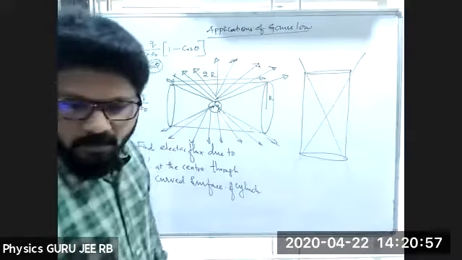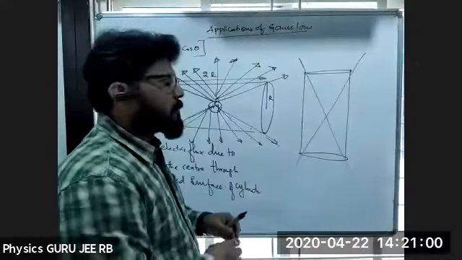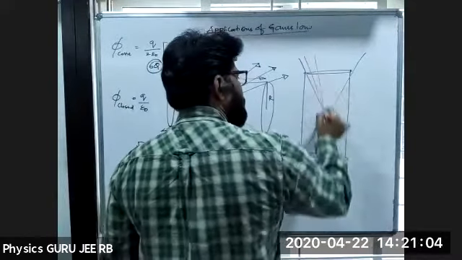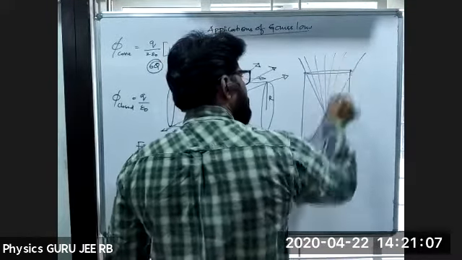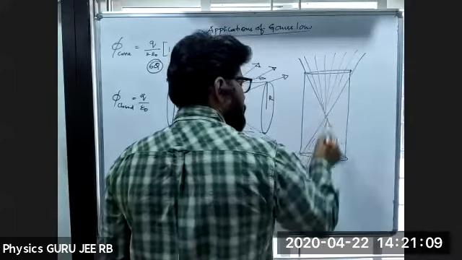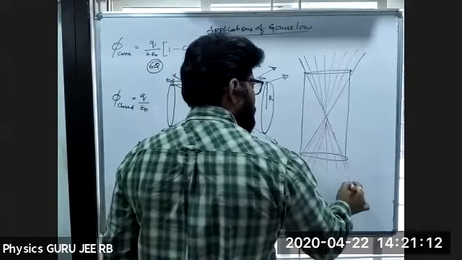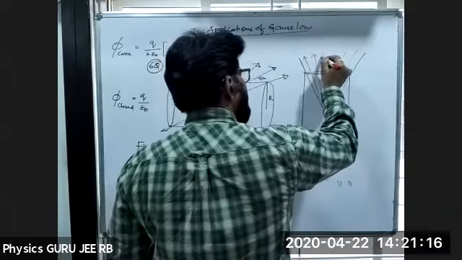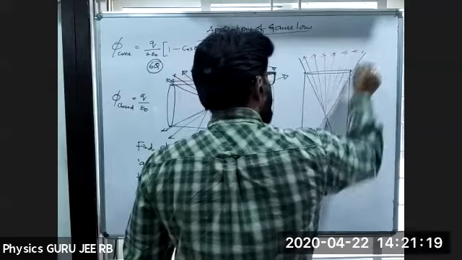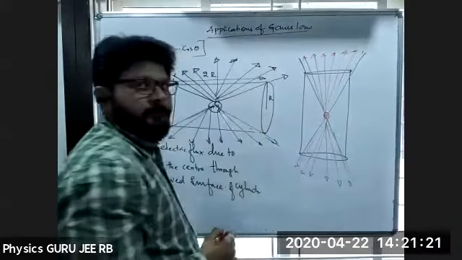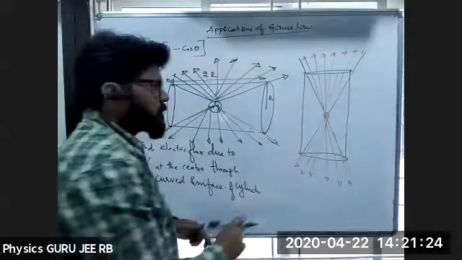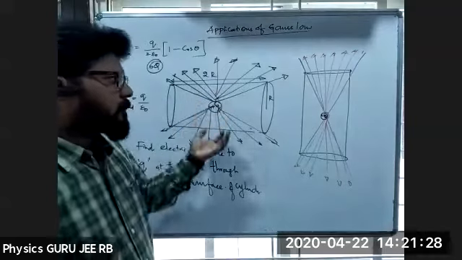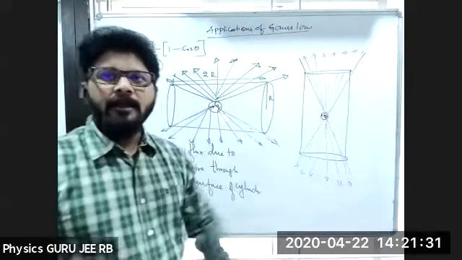These 2 cones are to be eliminated. This flux is to be eliminated, right? At the center, a positive charge is there. I want only this part of the flux. I have to eliminate the upper and the lower parts.